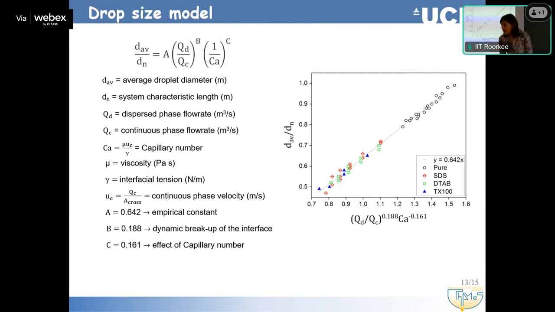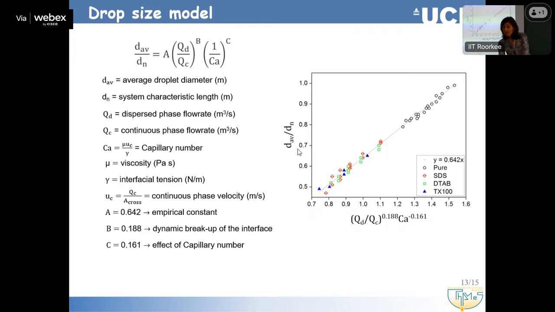This is one thing that's useful, but why we needed to look at it more, and just pay a little bit of attention to this idea: we wanted to know what is the dynamic interfacial tension when we create our drops.